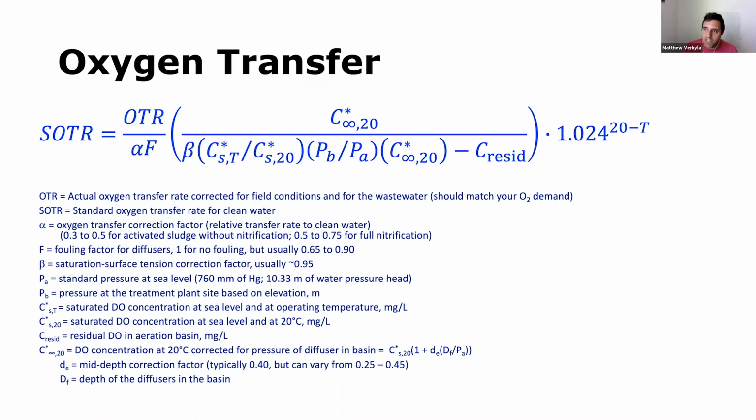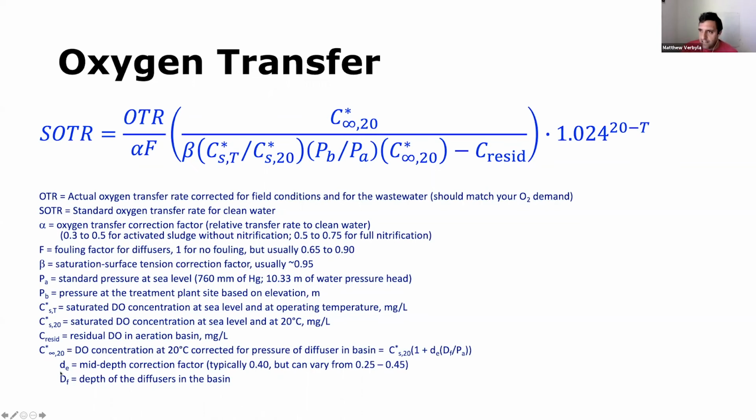You know that if you go deeper into water, there's an increase in pressure because the water above the aerator is providing a higher pressure at the bottom of the aeration basin. So we need to account for that increase in pressure based on this approach right here, this depth of diffusers in the basin.